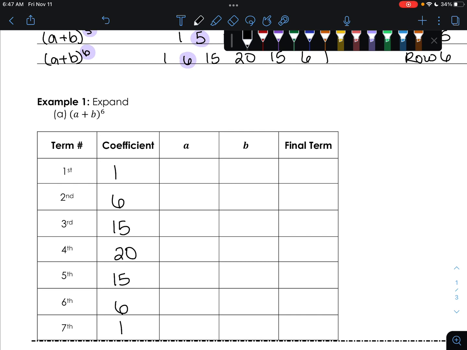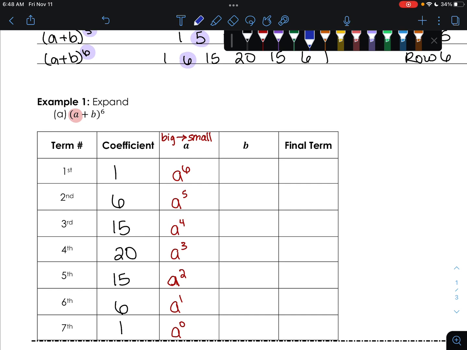Those are the coefficients. Now, how we work with the variables: the first term that you have listed, you're going to start from big and work your way down to small for the exponents. So you're going to start with a to the sixth and work your way down until you get to 0: a to the fifth, a to the fourth, a to the third, a squared, a to the first, and a to the 0 power.